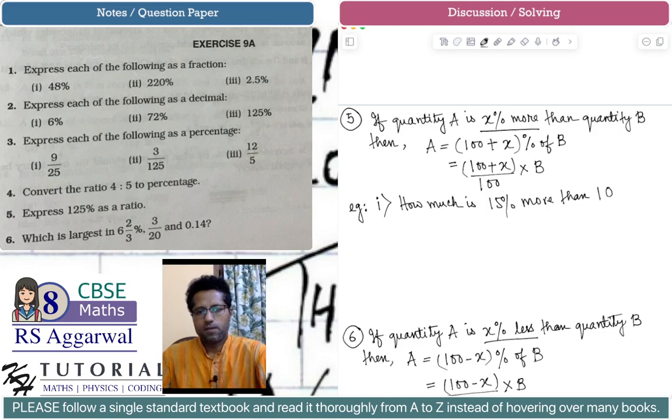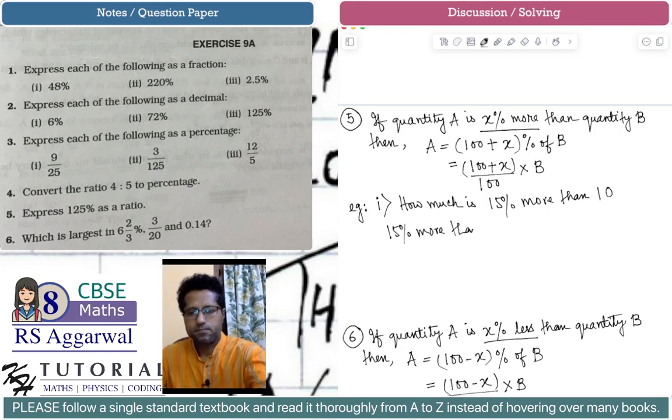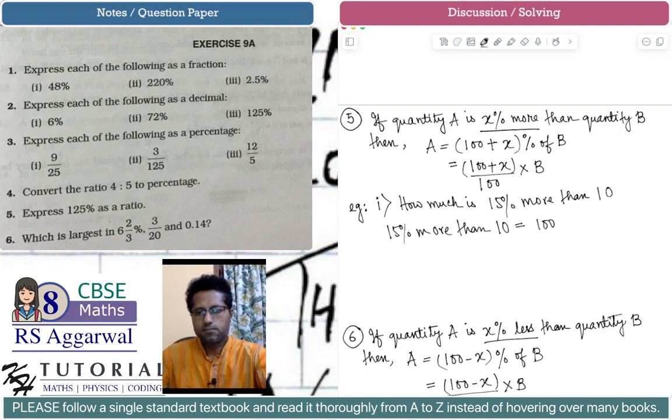So we can say that 15% more than 10 will be equal to 100 plus 15 percentage of 10, which is equal to 115 percentage of 10. 115 percentage means 115 by 100, and the of operator means multiplication, so multiplied by 10.